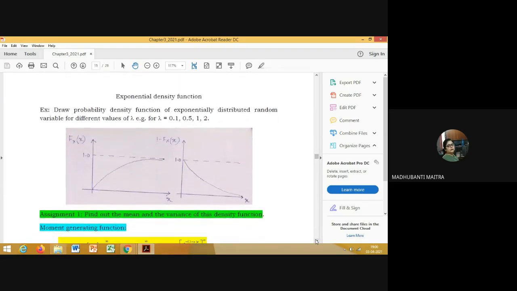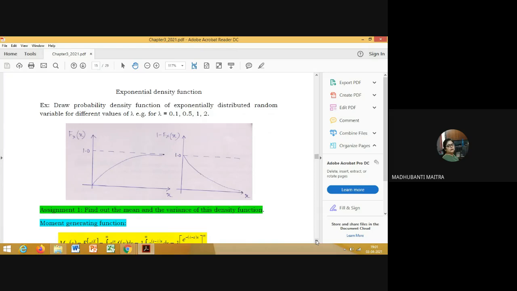And the distribution function will be like this, right? Again, 1 minus F(x) will be like this. Is it clear?